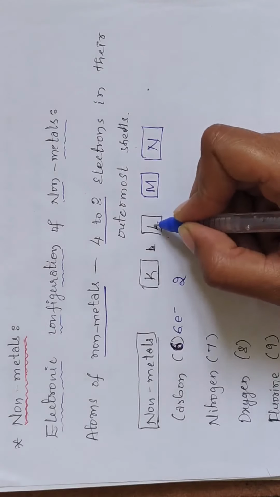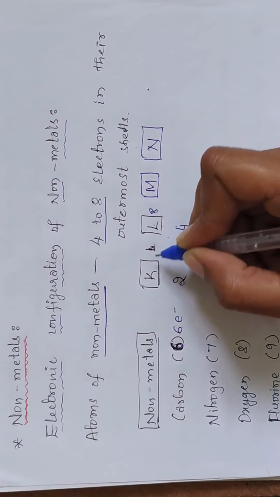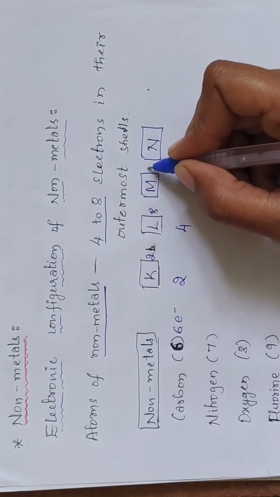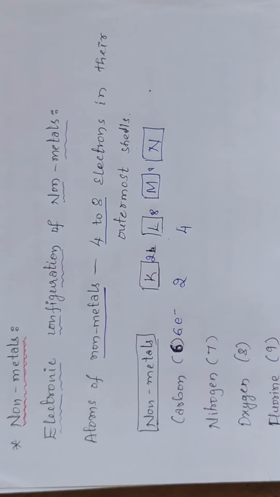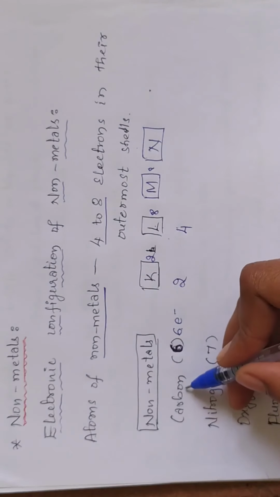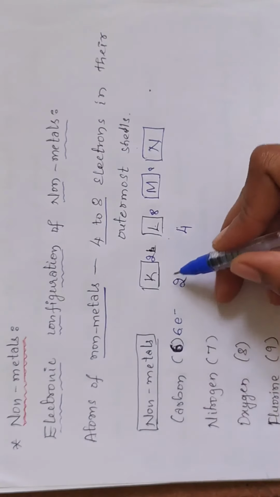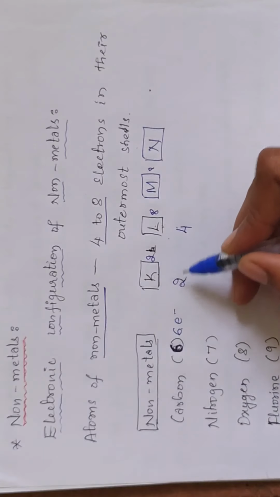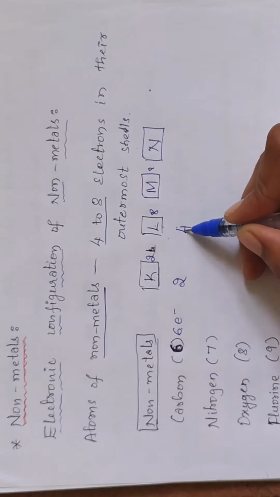The L shell can accommodate a maximum of 8 electrons, the K shell a maximum of 2, and the M shell 8. So the 6 electrons of carbon are placed in the K and L shells: 2 electrons in the K shell and 4 electrons in the L shell.